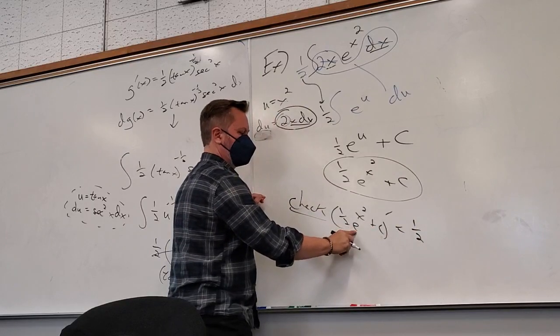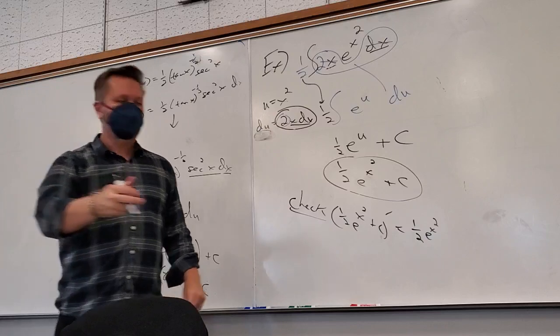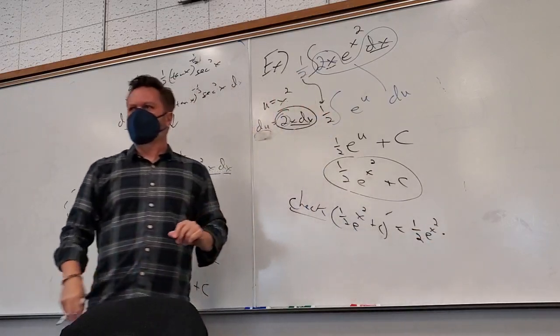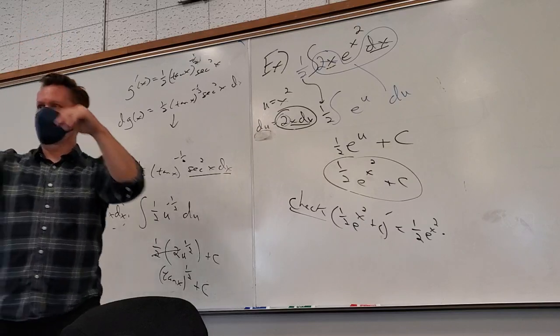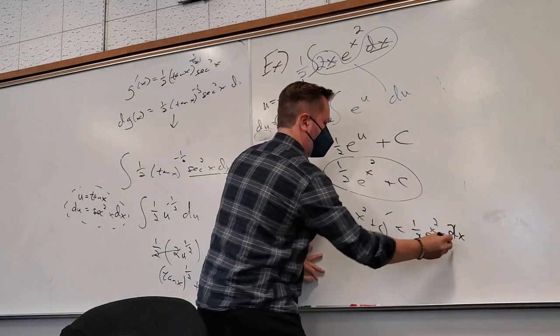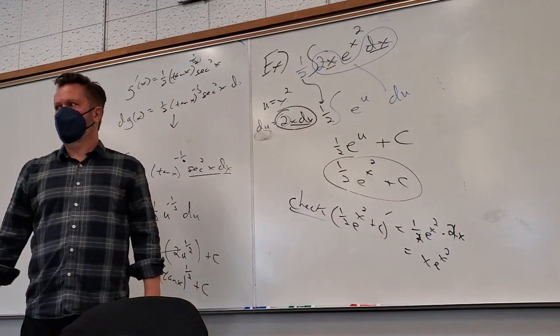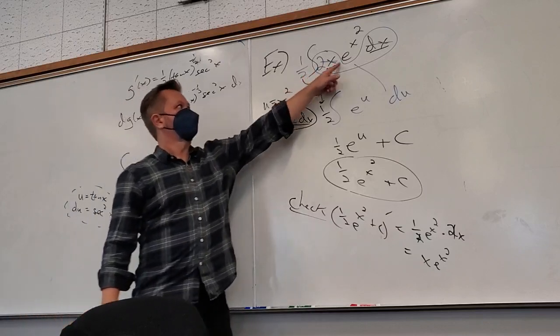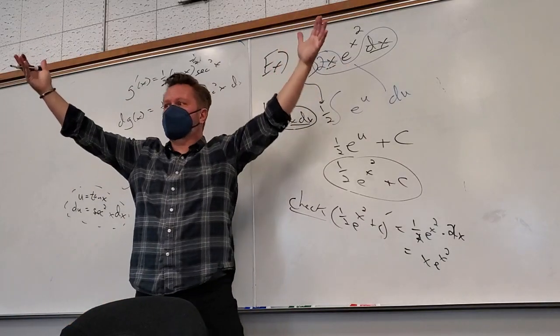The derivative of e to something is e to that thing, times, no natural log, the derivative of the inside. What's the derivative of x squared? 2x. 1/2 of 2 is gone, so I get x e to the x squared. Is that the original function I had? Yes. That means it works.